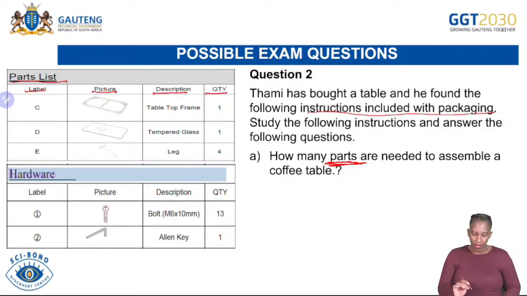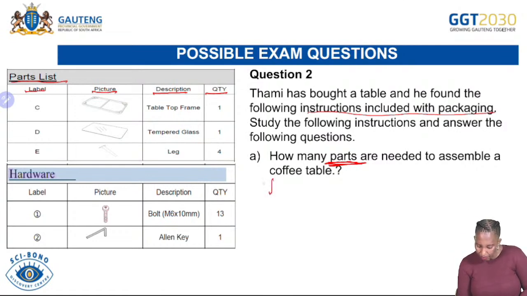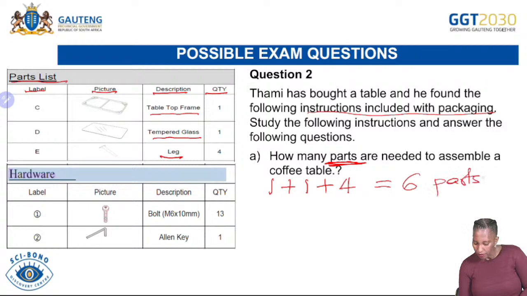So with number 1, part A or part C, we have only one quantity for the tabletop frame, and then a tempered glass, it's only one, and then the legs, how many are they? Plus 4. So all in all, we've got 6 parts.